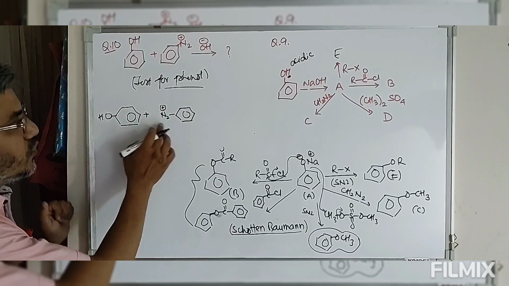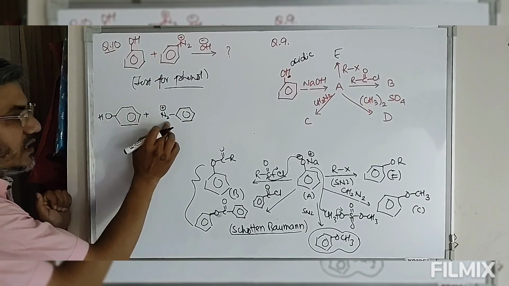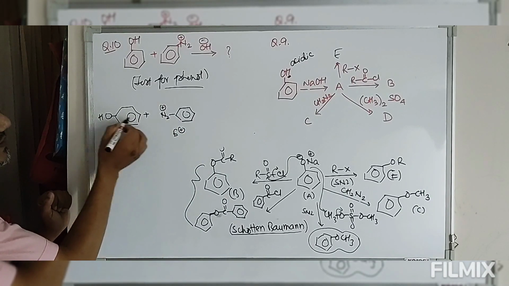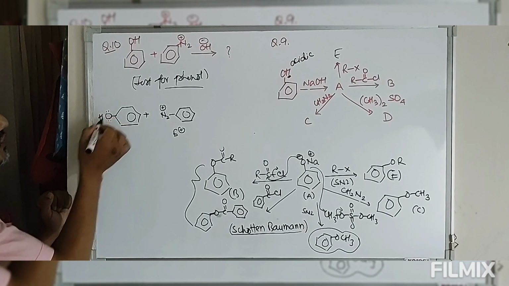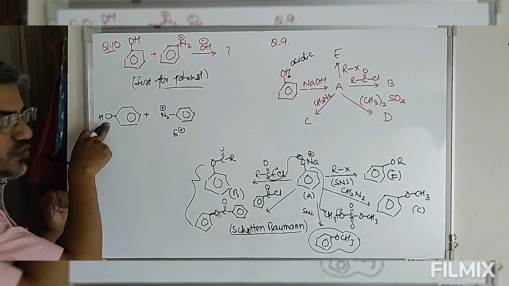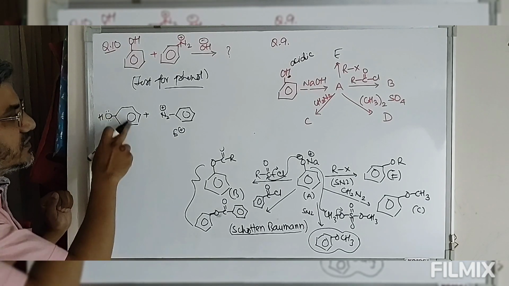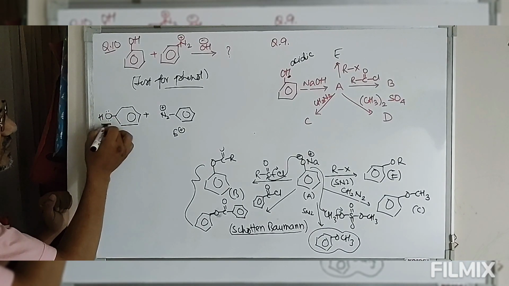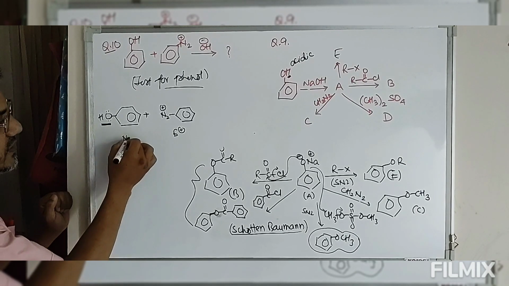Look at this, nitrogen with positive charge is an electrophile. So we have an electrophile. In phenol, the OH contains two lone pairs of electrons, which are in conjugation with the benzene ring. So this OH group is a very strong electron releasing group. So we have a nucleophile.